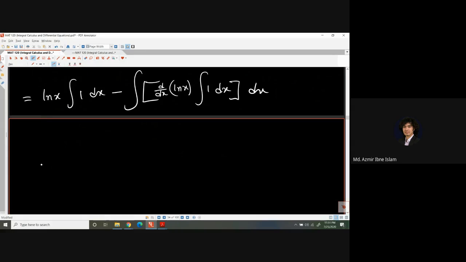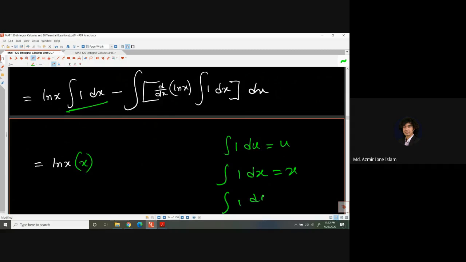Now we know that the integration of 1 in terms of x is actually x. That means integration of 1 in terms of u will be u, in terms of x will be x, in terms of w will be w.